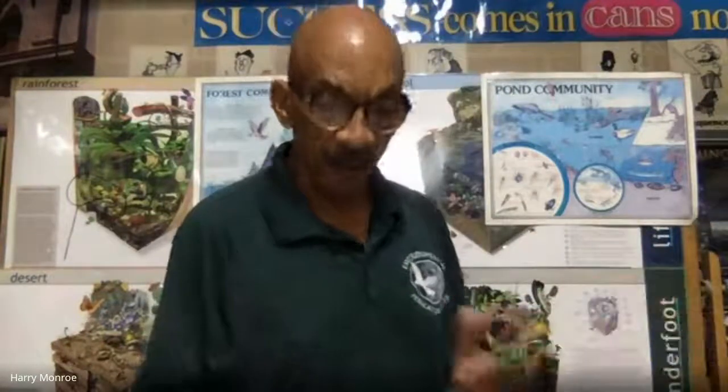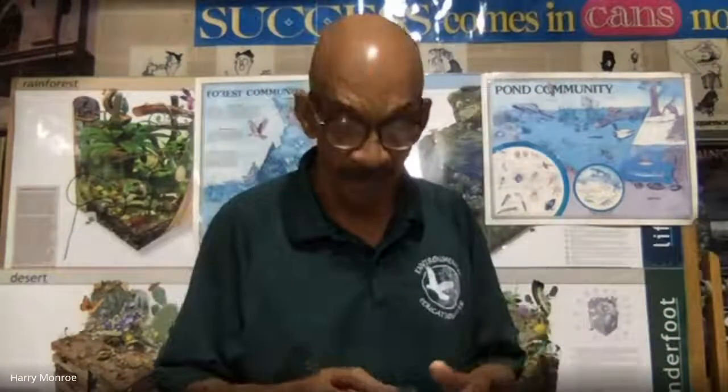Well, guess what? There's another type of decomposer that actually comes from our post oak preserve. It's one of my favorite decomposers because it's considered to be one of the mightiest insects known to man.